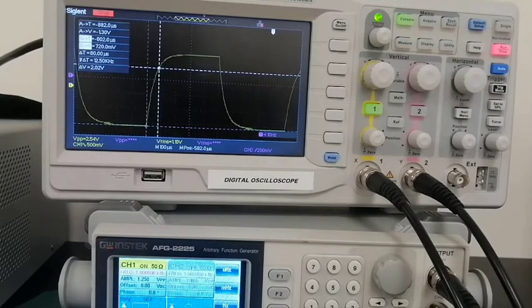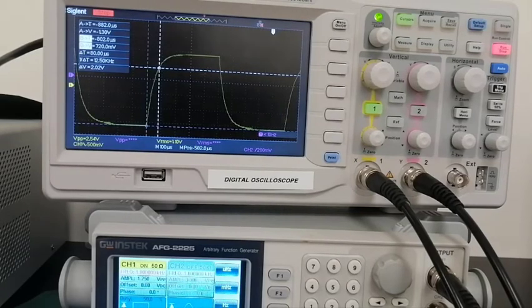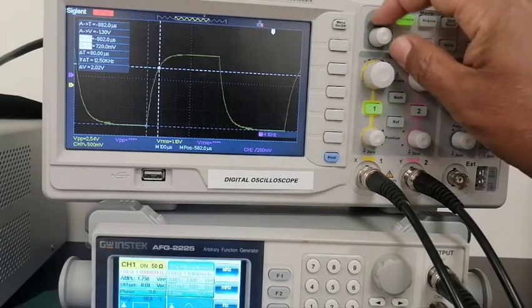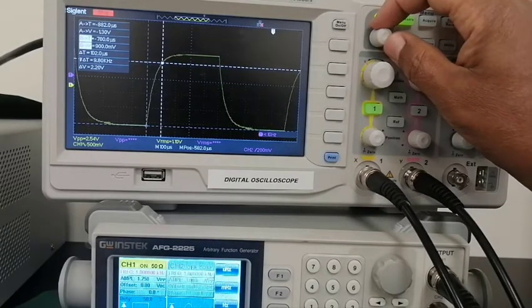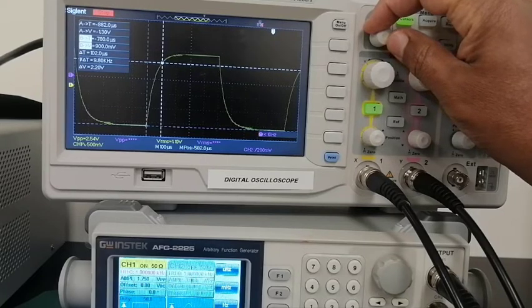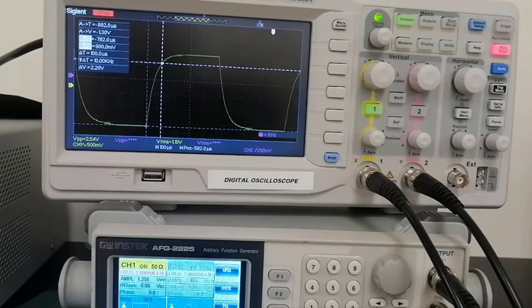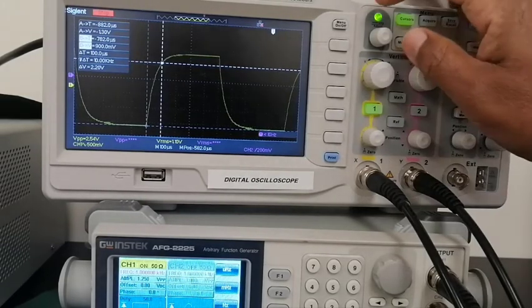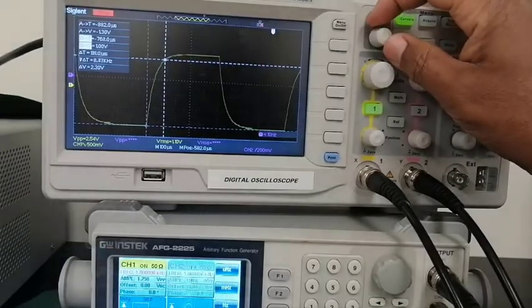For 80 microseconds, VC shows 2.02 volt. For 100 microseconds, VC across the capacitor shows 2.2 volt. Then we are going to measure when the delta of time is 300 microseconds.